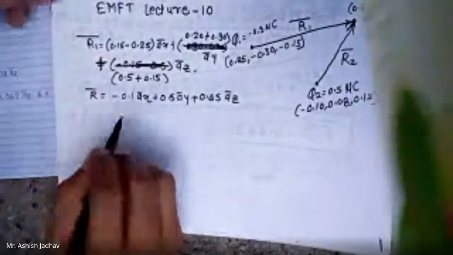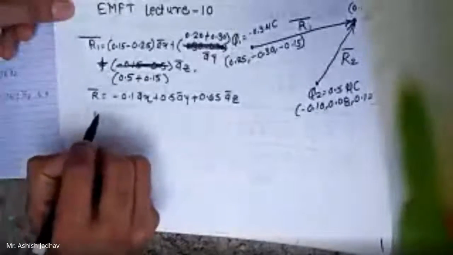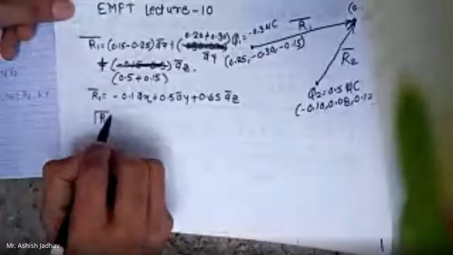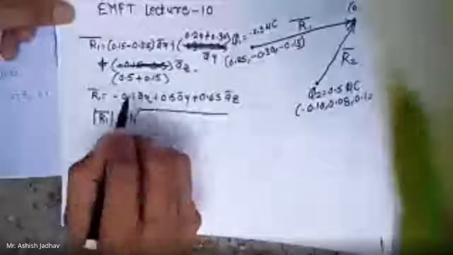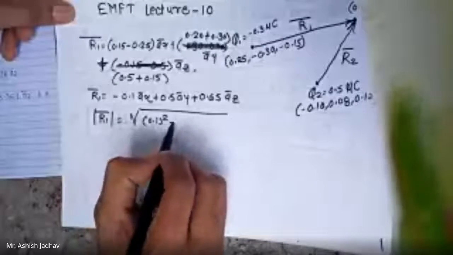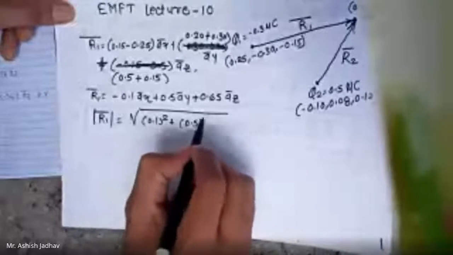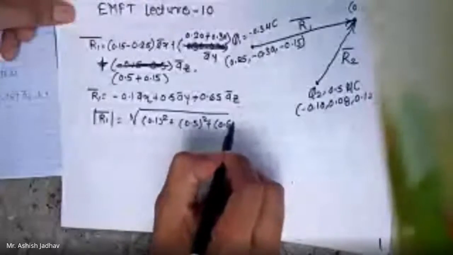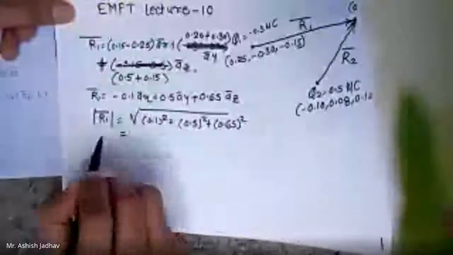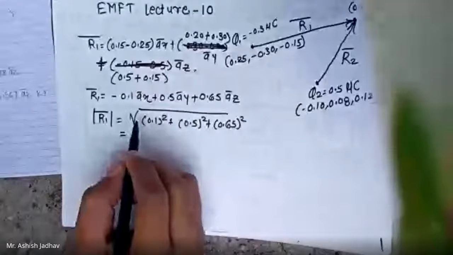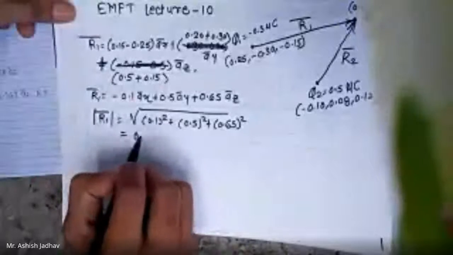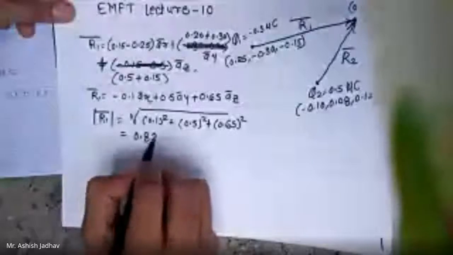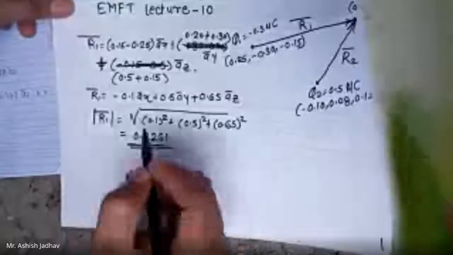Okay, this is the vector. Now that we know the vector, we need to find the unit vector. For the unit vector, first of all you will require the magnitude. So mod of R1 bar is equal to under root 0.1 square plus 0.5 square plus 0.65 square. If I write the direct answer, this will be around 0.8261. This will be the magnitude.